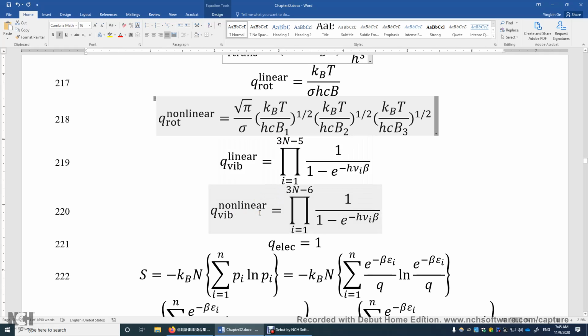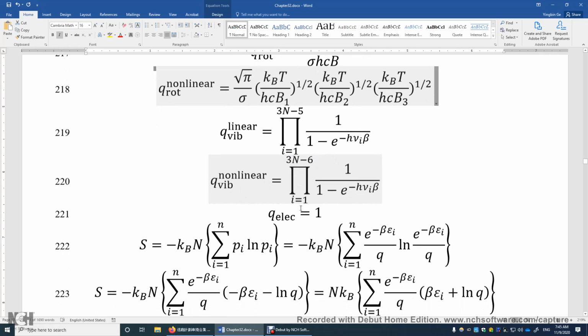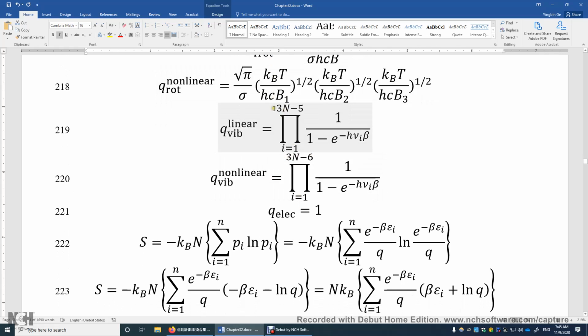For nonlinear molecules, you have 3 translational modes and 3 rotational modes, so there are 3N minus 6 vibrational modes. That's the only difference: 3N minus 5 versus 3N minus 6. Again, in these two equations, we neglect the zero point vibration energy.